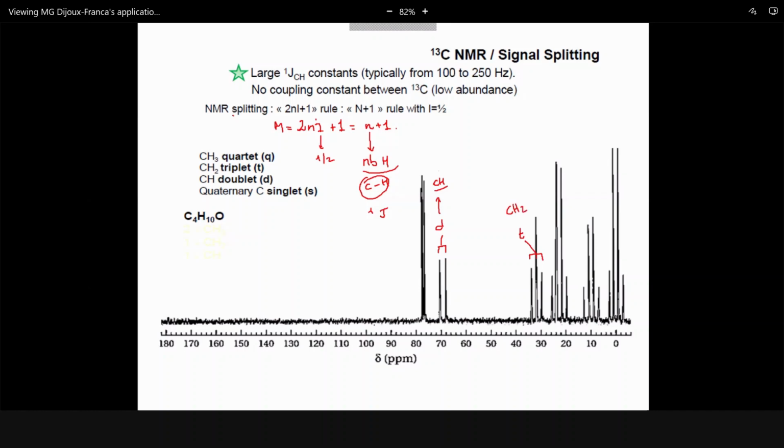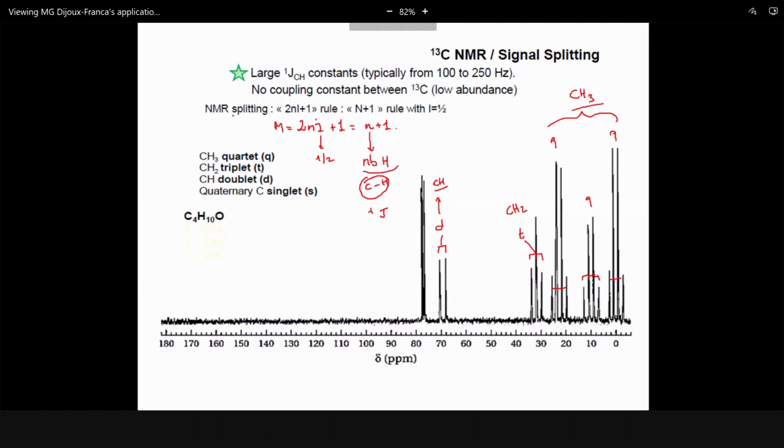If you have a quartet, and you have another one here, another one here, that means that you have a CH3 group.